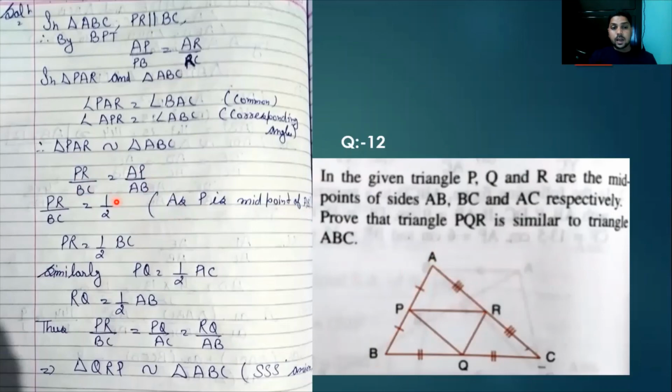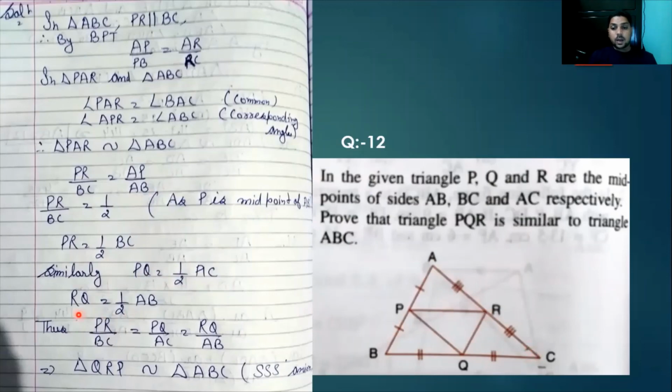So AP will get cancelled here, and we get one by two. What is the value of PR? PR is equal to 1 by 2 of BC. Similarly, we have QR equal to 1 by 2 of AC.